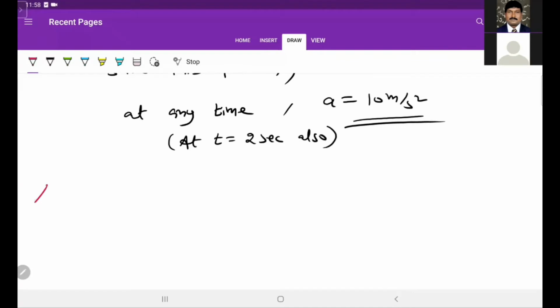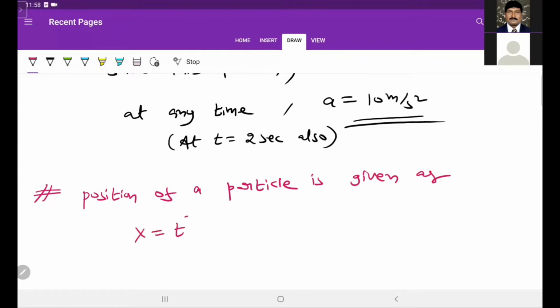Suppose, next, if position of particle is given as x is equal to t cube minus 6t square plus 9t.